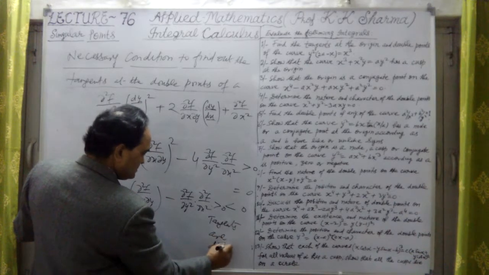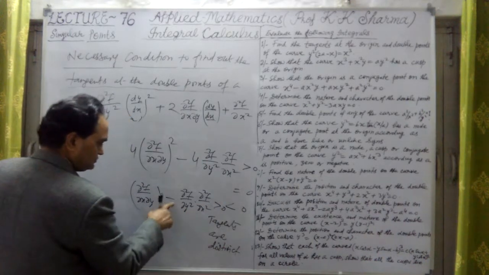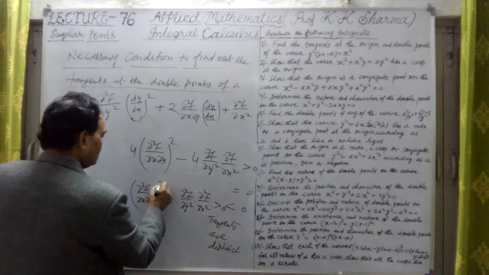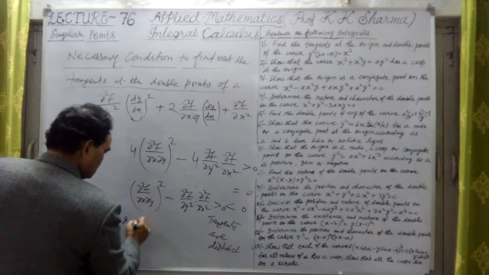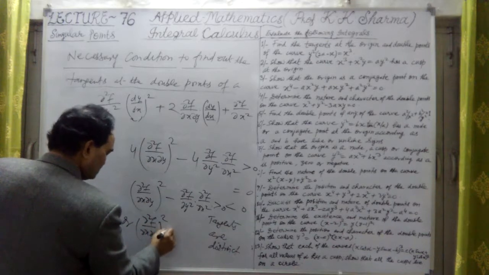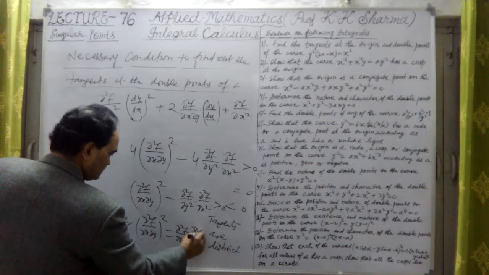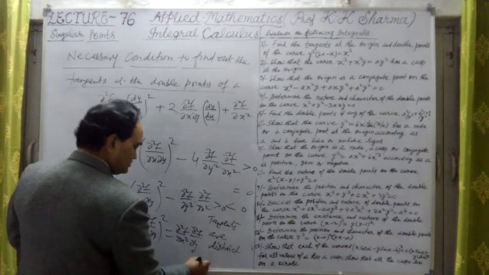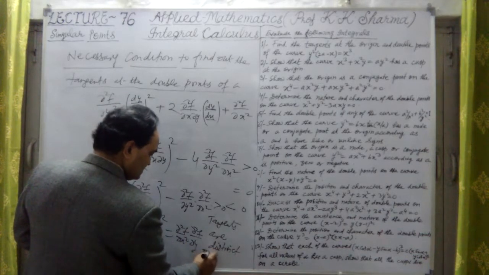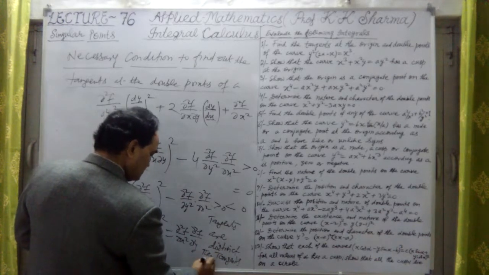And if it is equal to 0, that is, del square f upon del x del y whole square is equal to del square f upon del x square into del square f upon del y square, then the tangents are coincident.